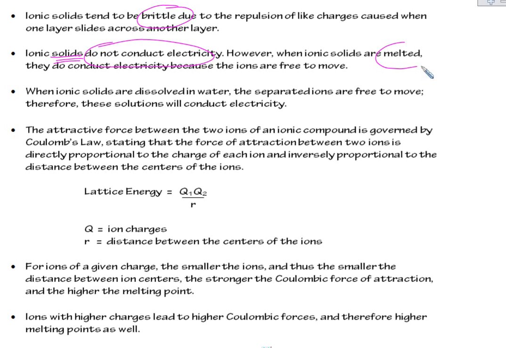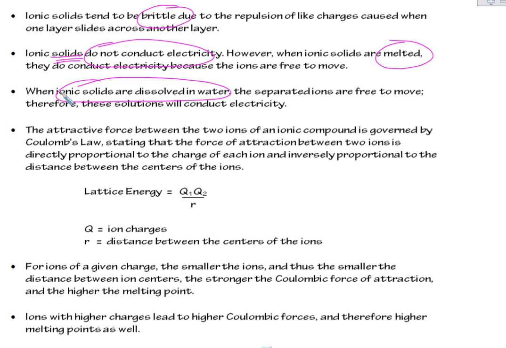You could melt the solid, and then you're breaking down that rigid crystal structure a little bit. Or the most common option, dissolve it in water. When the ionic compound is dissolved in water, those ions dissociate. And then you've got these free moving ions in the water, and that should conduct an electrical current.